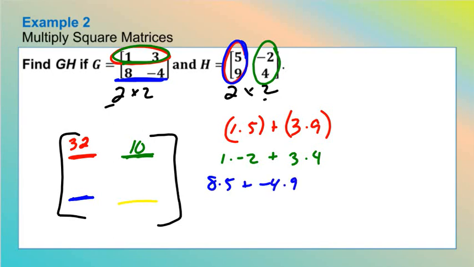So 40 plus a negative 36 gives us 4. And here, row 2, column 2. So I have 8 times negative 2 plus negative 4 times 4. Negative 16 plus negative 16 is negative 32. So this would be my answer.